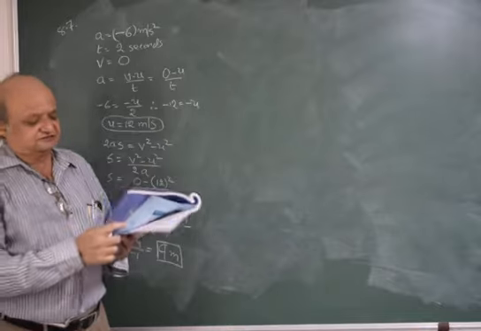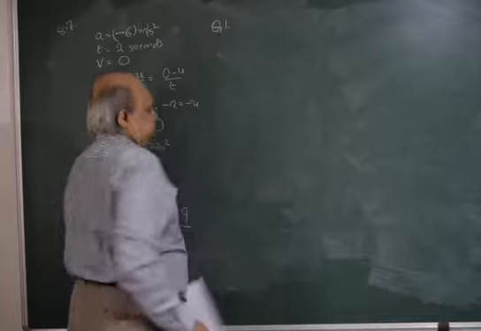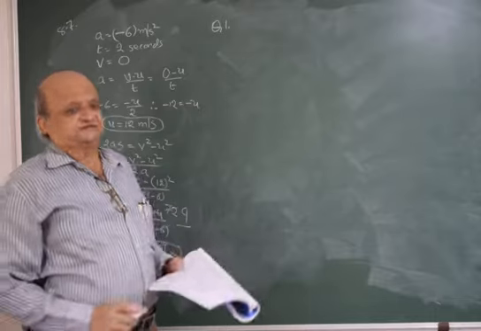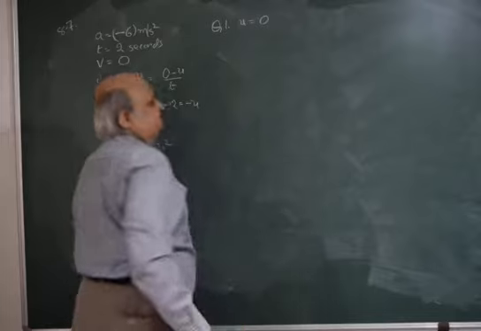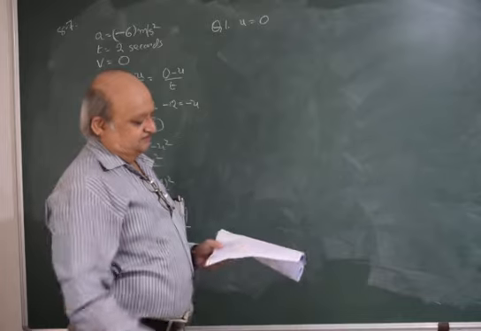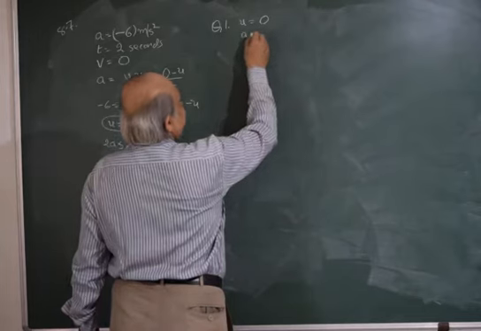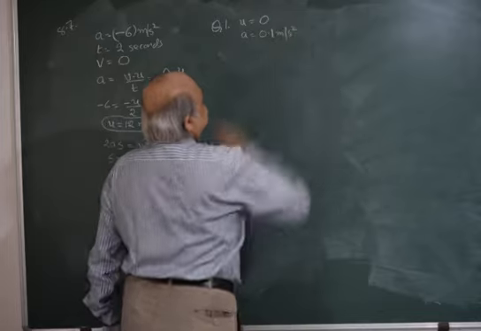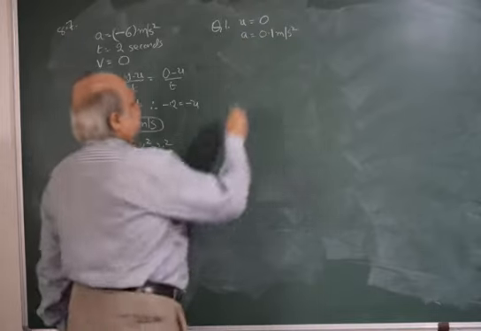The first question says, a bus starting from rest, initial velocity 0, with a uniform acceleration of 0.1 meter per second square, for 2 minutes.